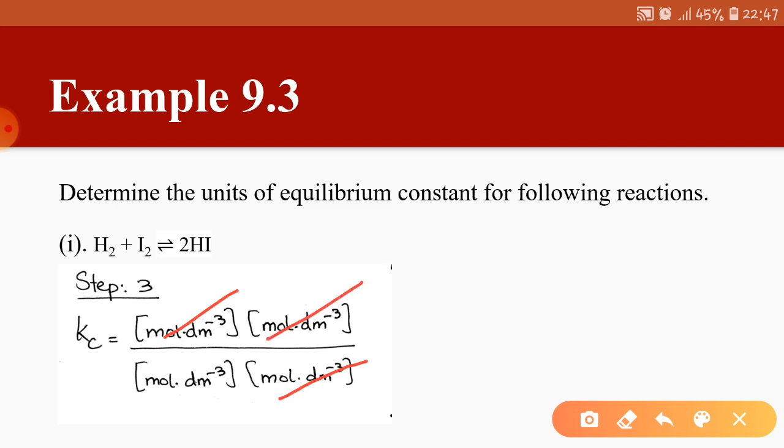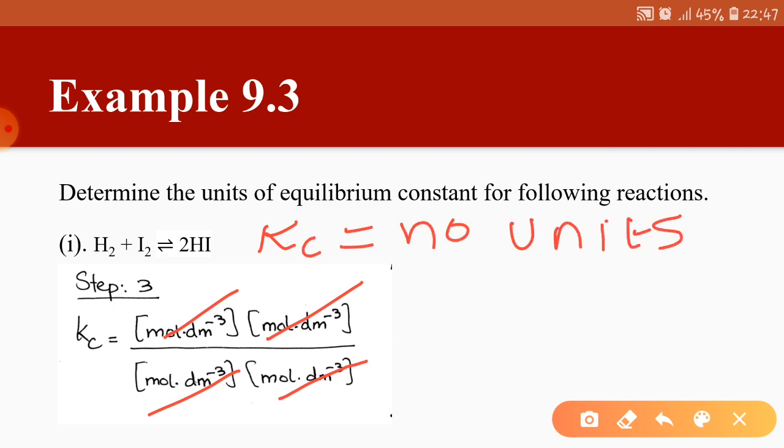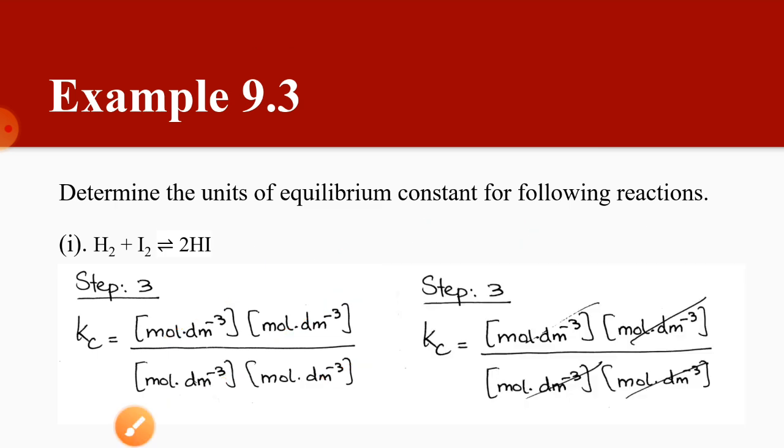This mole per decimeter cube concentration gets cancelled by this mole per decimeter cube concentration unit. So this means that for this reaction Kc has no units, right? So this is how the units are determined.